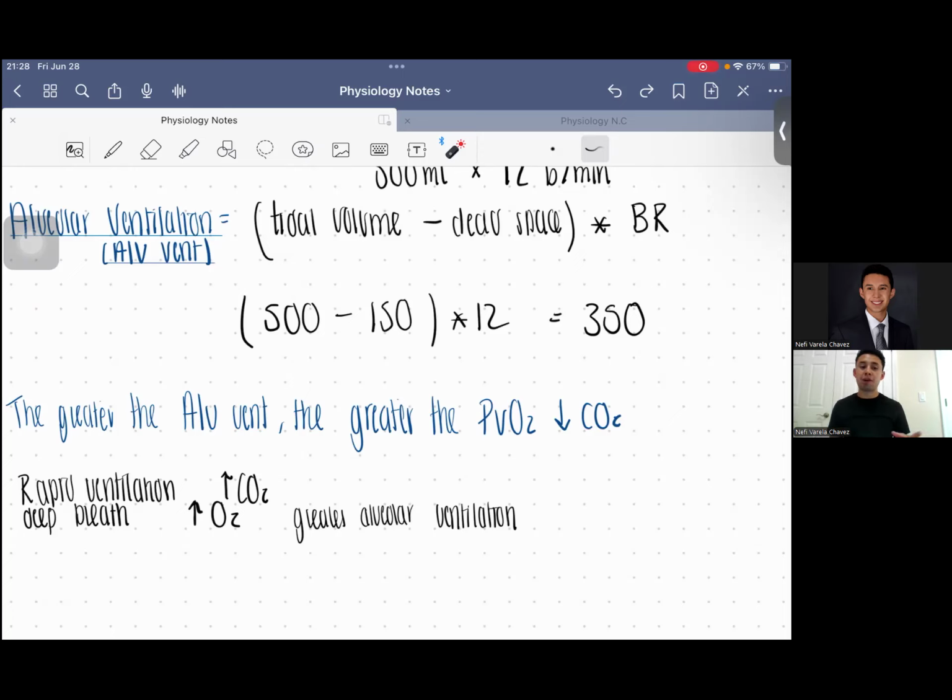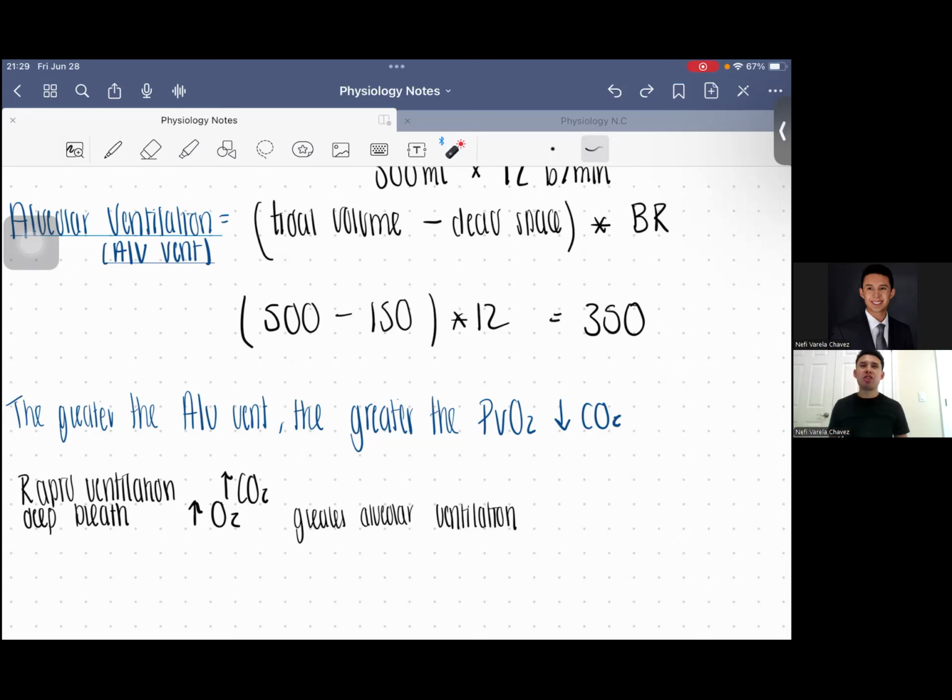But when we have deep breaths, like low, slow, meaningful breaths, we're gonna increase our concentration of oxygen. As a result, we're gonna have a greater alveolar ventilation.